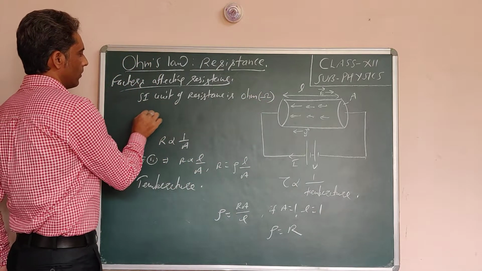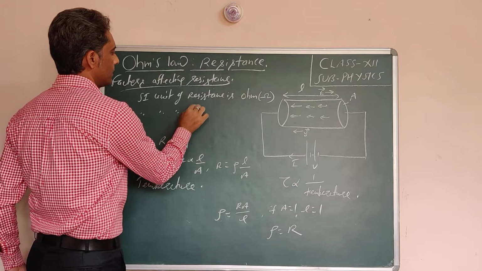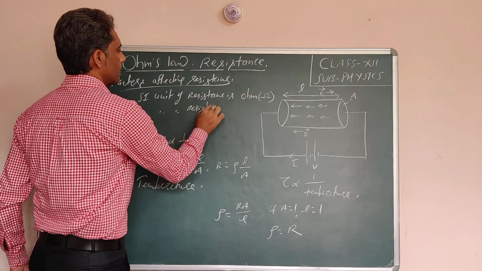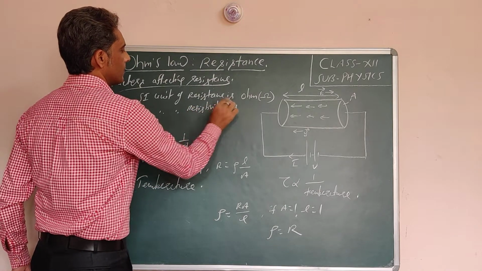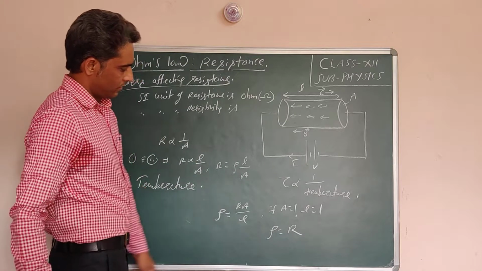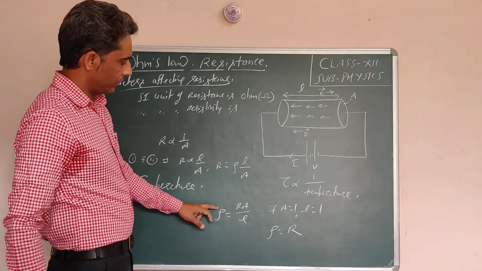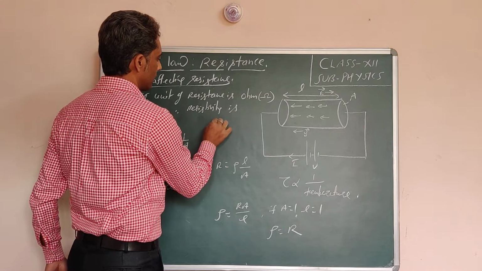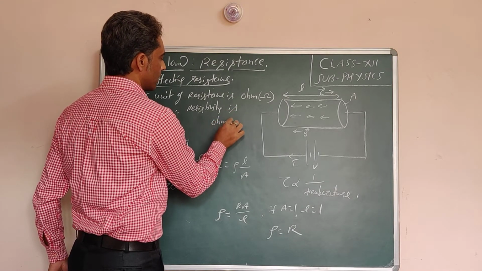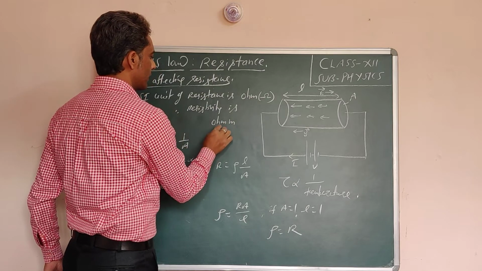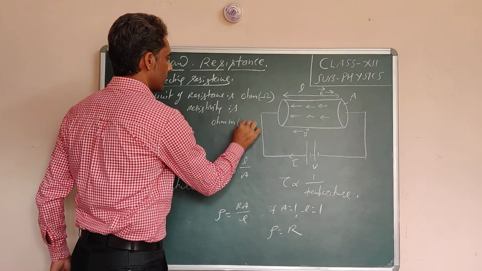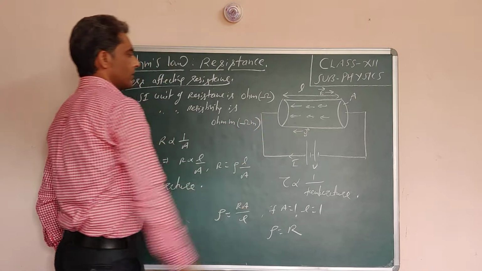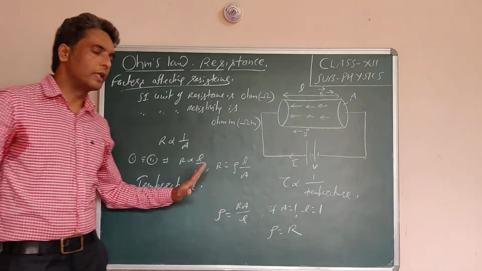And the SI unit of resistivity, you can see from this expression, is ohm meter. So this is the unit of resistivity.